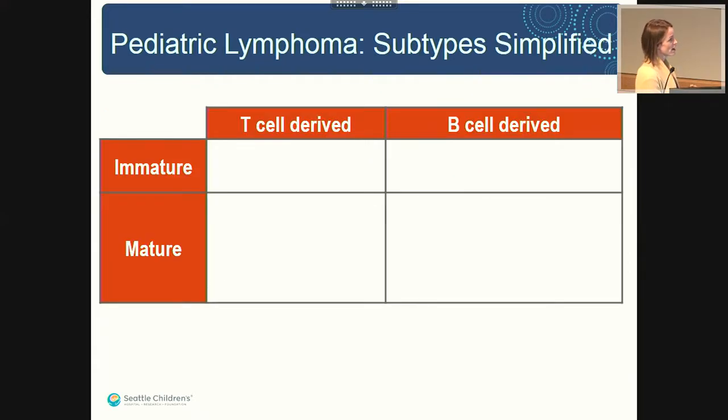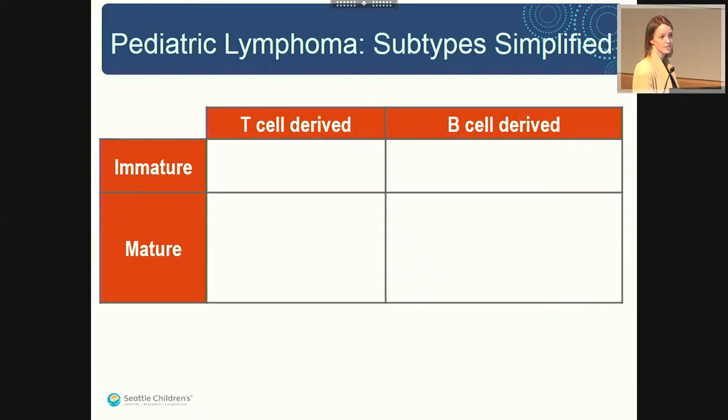So I think it helps to think about the cell of origin. When we're talking about lymphoma, you're talking about a cancer of a white blood cell that is starting in the lymphatic system, as opposed to a leukemia, where you think about a cancer of the white blood cell that is starting in the bone marrow. There's not always an easy, distinct cutoff between what's a leukemia and what's a lymphoma.